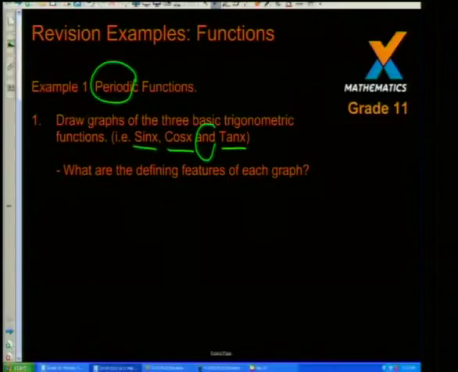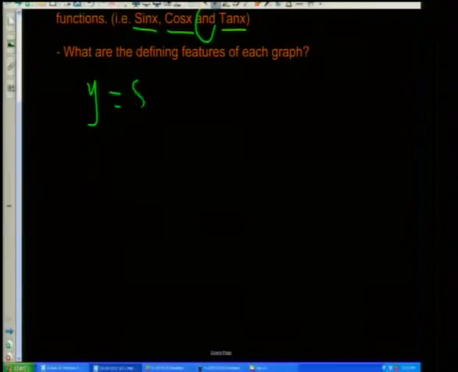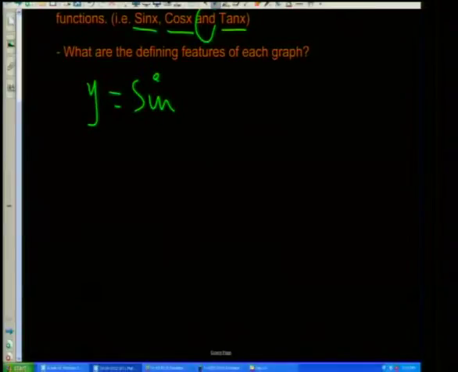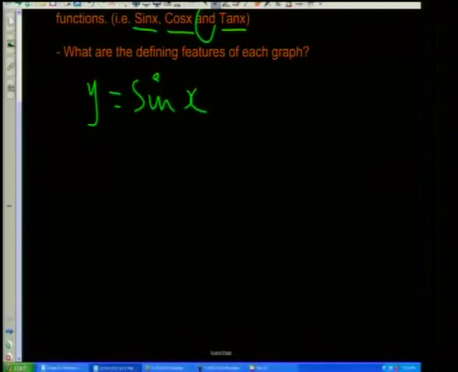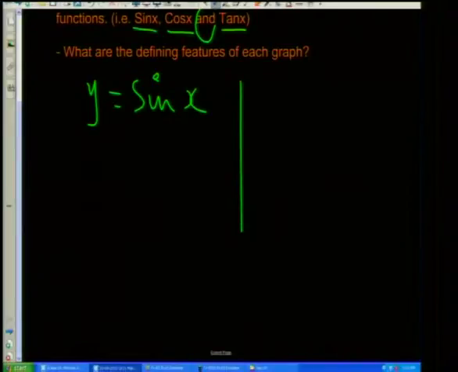Let me take a sine graph first. If I had y equals sin x as a parent graph, I'm not going to go through the whole thing of tabulating the values. I'm just going to draw it right away. I'm sure you know the shape.